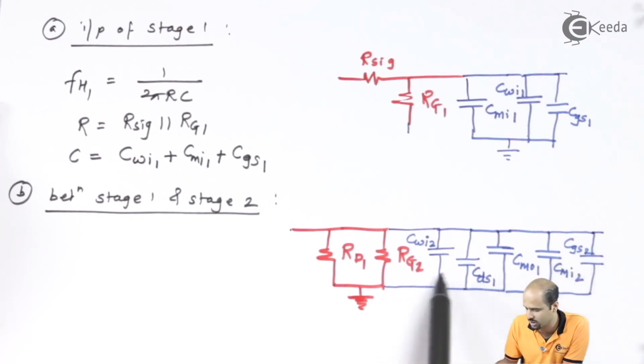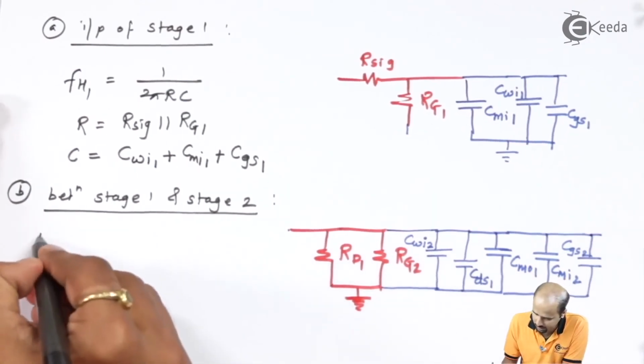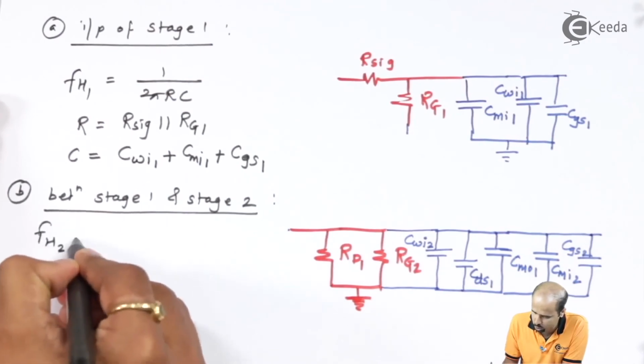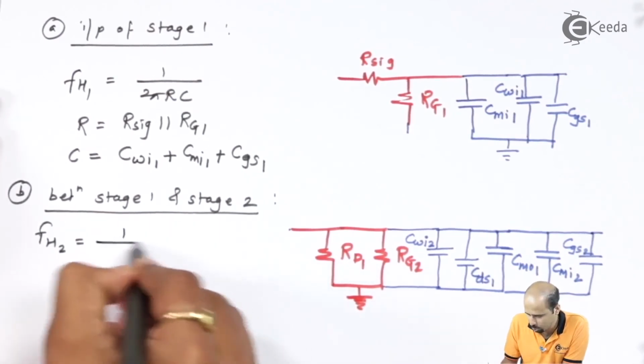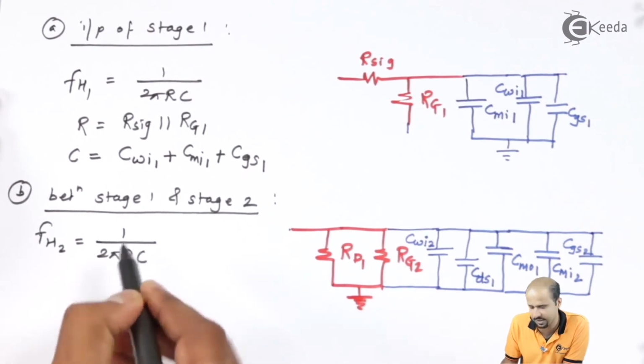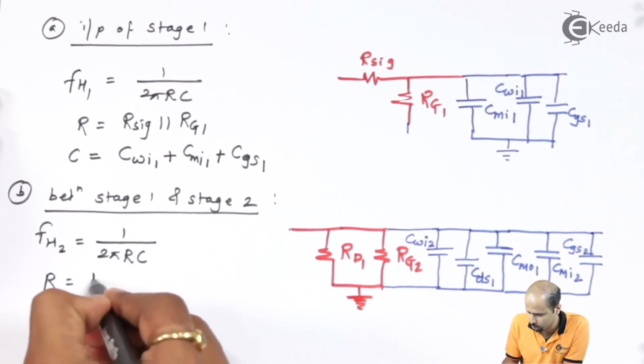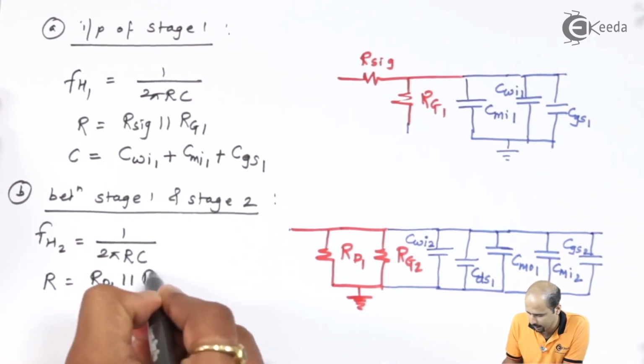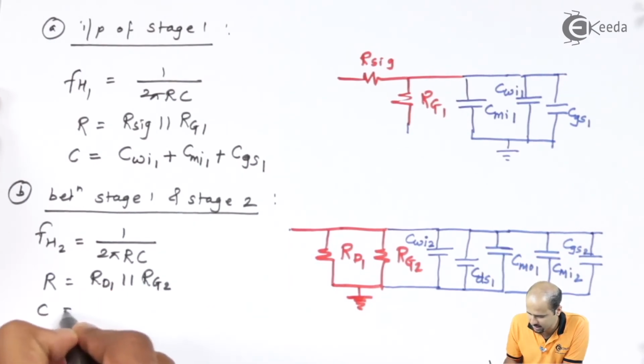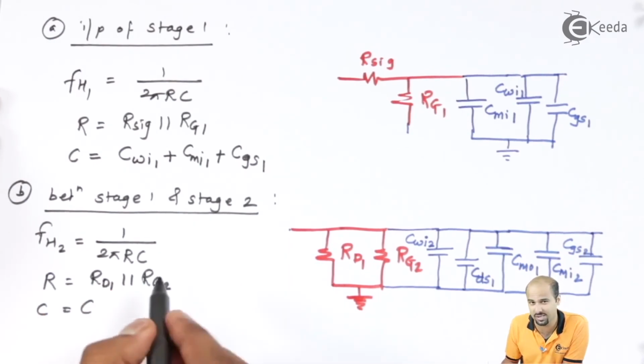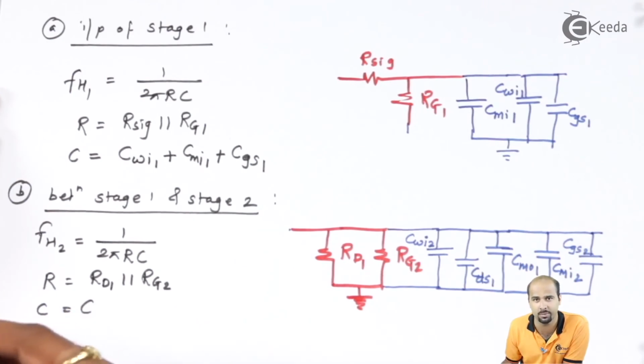CGS2. So all these 5 capacitances are placed in parallel, and I can say that ultimately we will be getting the value of frequency FH2 is equal to 1 upon 2 pi RC, that is the fundamental formula. R is equal to RD1 parallel RG2. C is equal to, here 5 capacitances will be placed in parallel, that means simply the addition of the 5 capacitances.